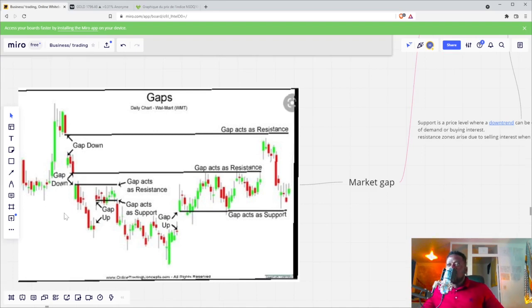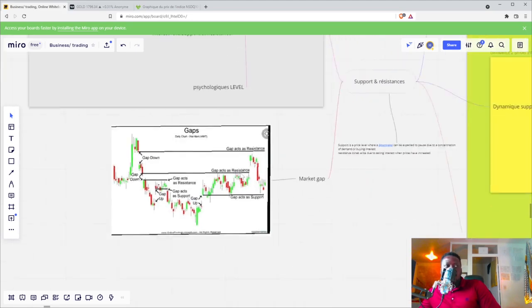Sometimes when you have one asset, the price at the end of the day can be $10, and the next day when the market opens, the price of this asset opens at $20, and you see this little blank area. That one is a gap, and you have a gap down and a gap up, and you can use that one like a support and resistance level too.